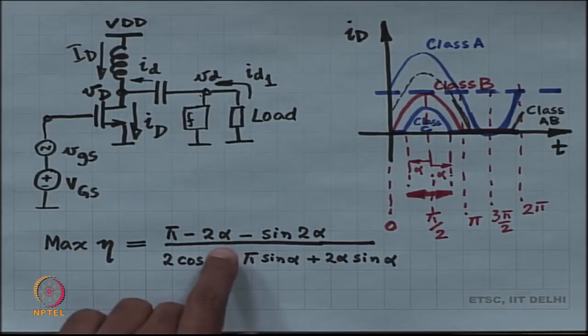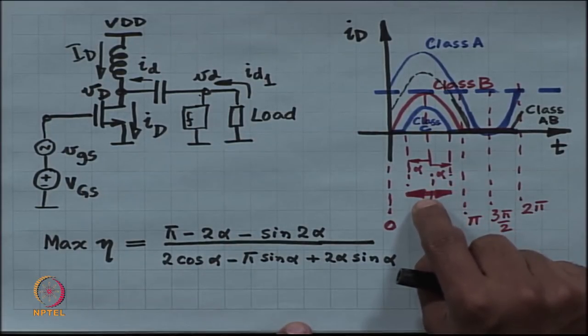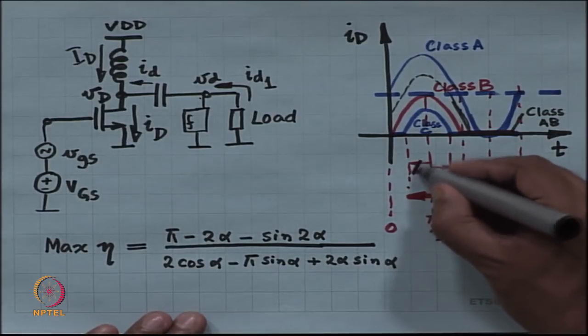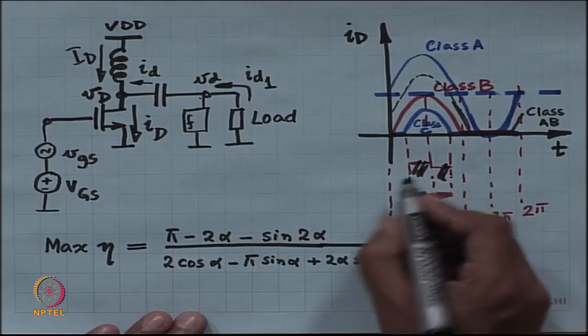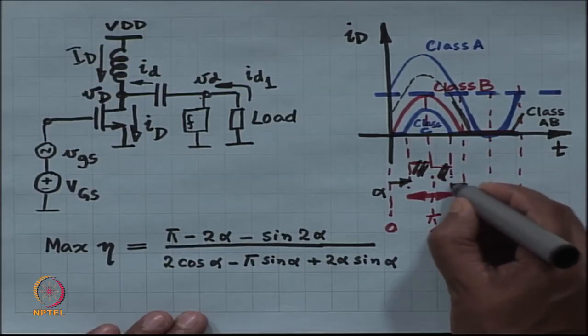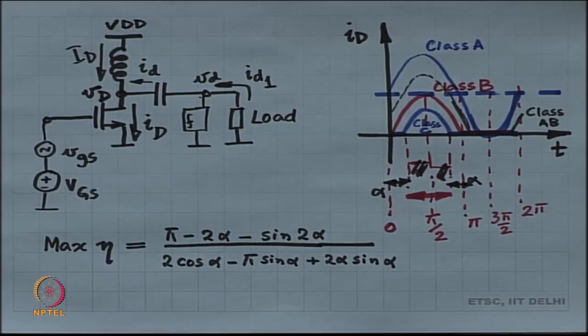For example, if alpha is 0, so I am sorry, if alpha is, yeah, am I making a mistake? So, that is not alpha from here, so from 0 to, okay. So, this is what we had done in the last class. Okay. So, here the conduction angle is actually pi minus 2 alpha is the total conduction angle.